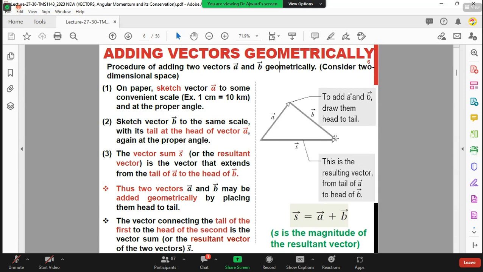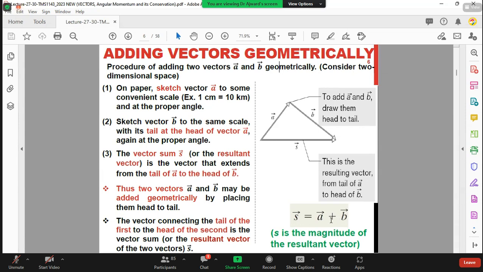So we use the so-called head-to-tail method, or the graphical method, to add the vectors A and B. When you add these two vectors, the resultant vector here is displayed as S.